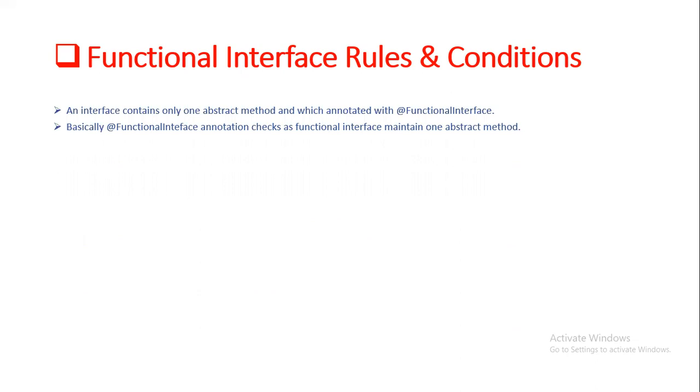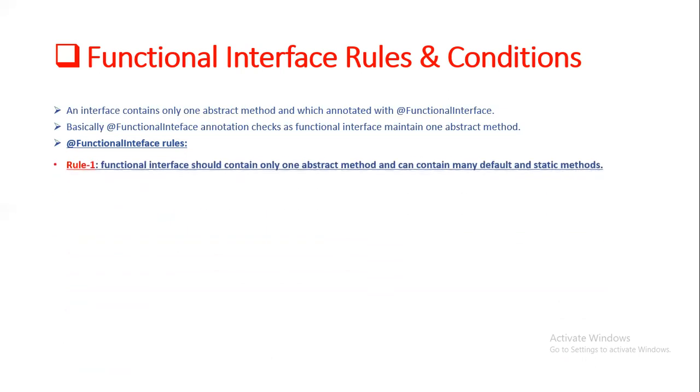It checks whether the interface has only one abstract method. More than one abstract method throws an exception, and even no abstract method also throws an exception. Afterwards, the functional interface rules. What are they? Let's check.